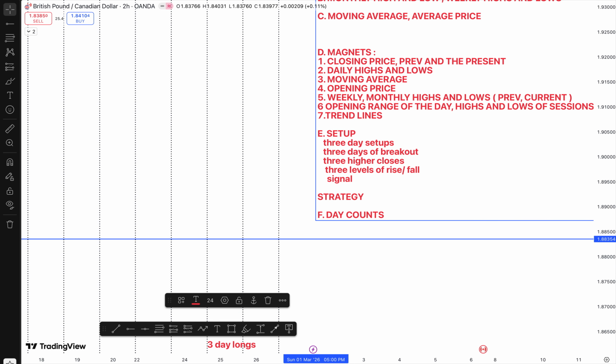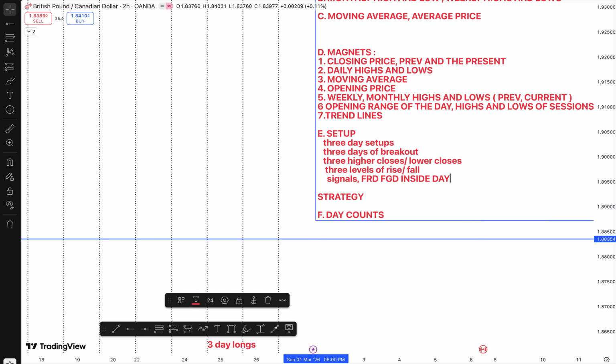Okay, 3 levels of rise will fall, 3 levels of fall will rise, 3 higher closes or lower closes. Then we look for signals, which are our FRD, FGD, inside day.